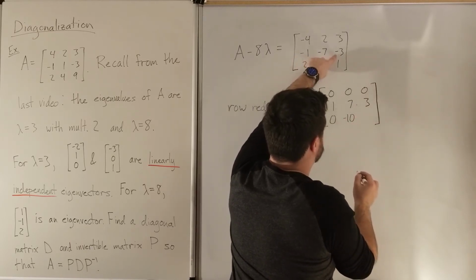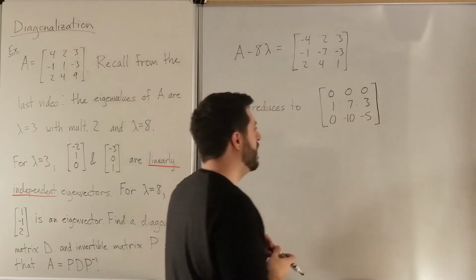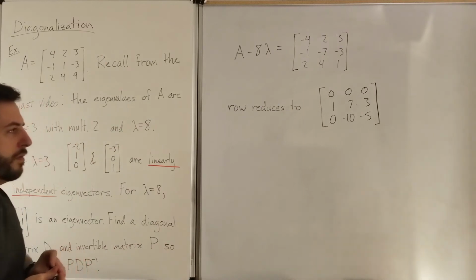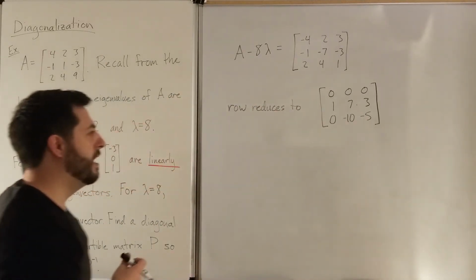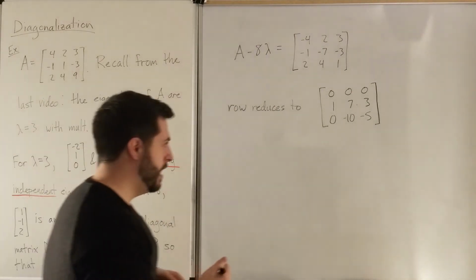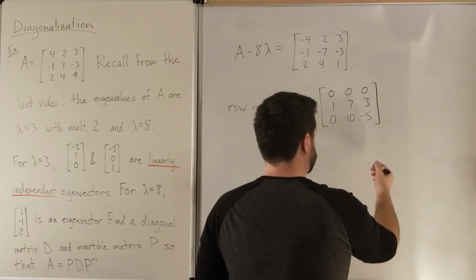And 1 plus 2 times -3 is going to be -5. This is all of the row reduction you have to do, except for maybe scaling this last row by -1/5 might be nice. But the idea here is that you already have exactly what you need.